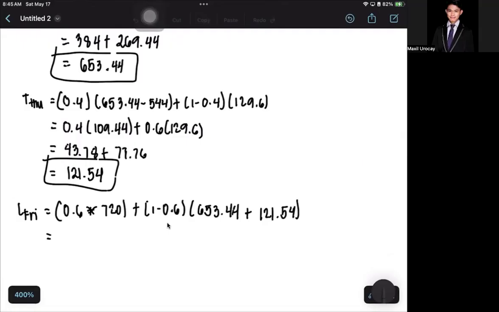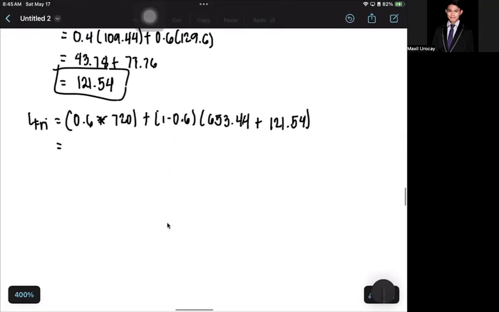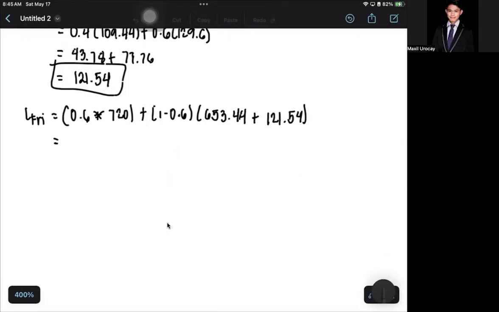Okay, so calculating that one will equate to 0.6 times 720 is equal to 432, plus 0.4 times 653.44 plus 121.54, that equates to 774.98.